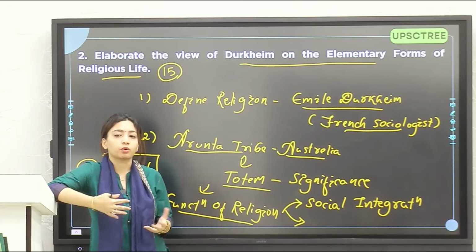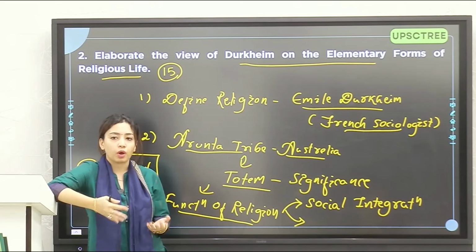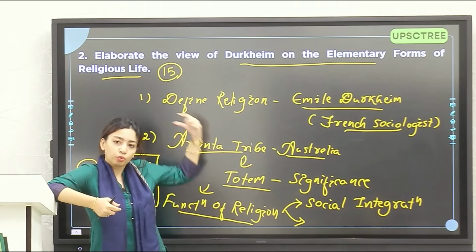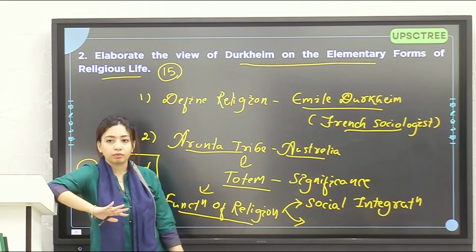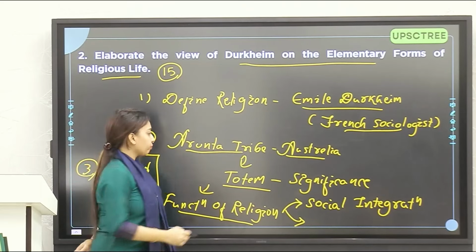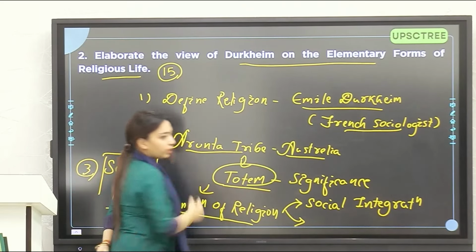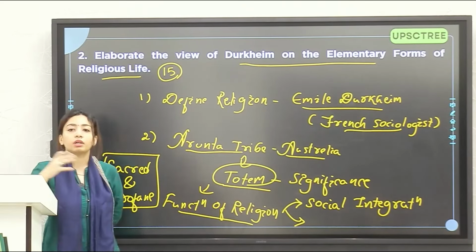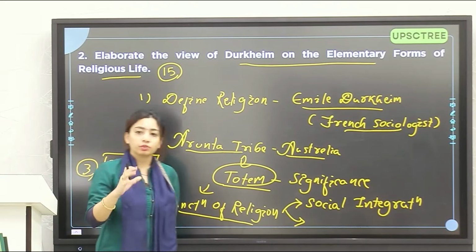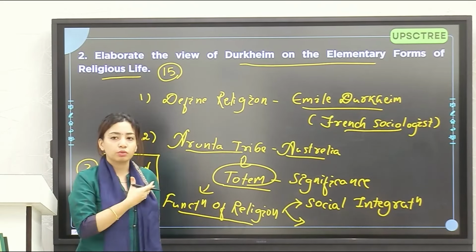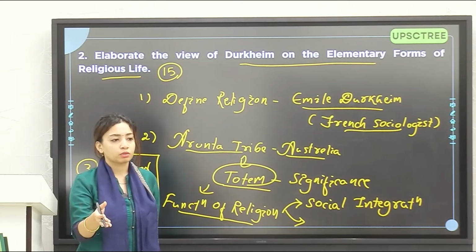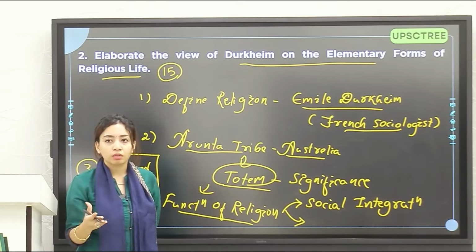Social integration, cohesion, all these points you have to establish. Totem, you will give a full description. So what exactly is totem? It's a symbol, right? Something related to sacredness. Did I talk about the importance of society over the individual through this? Please look at your notes. Don't look blindly.